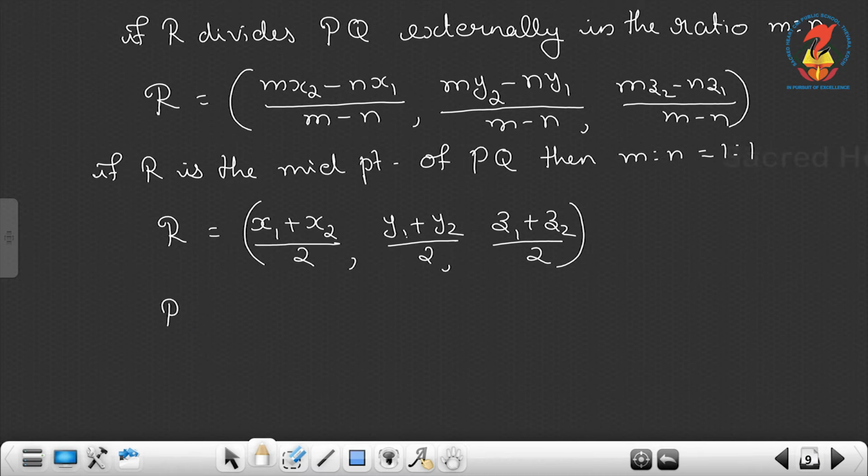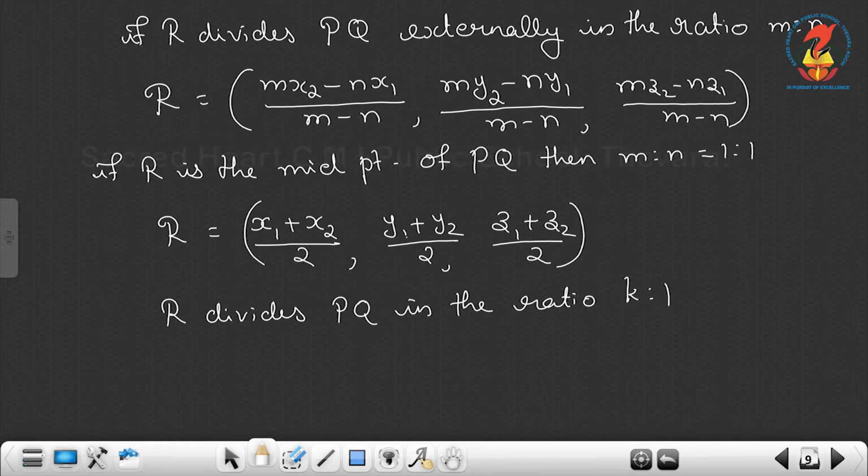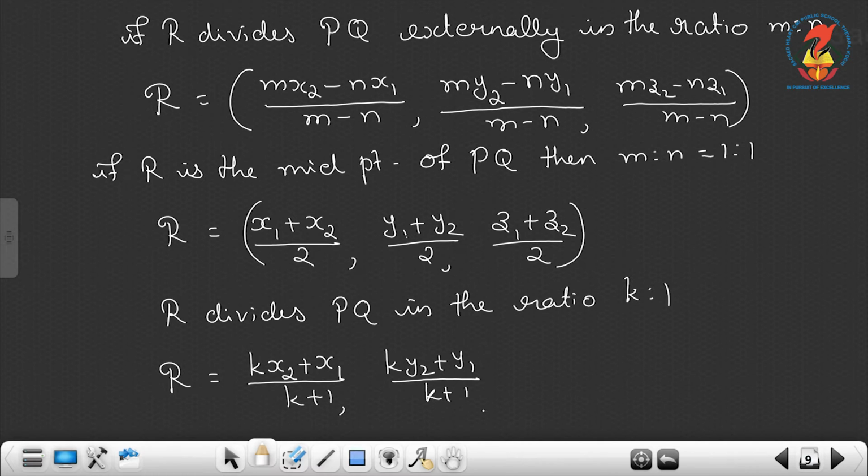That is, R divides PQ in the ratio k is to 1. It's an easy method. So if R divides PQ in the ratio k is to 1, then coordinates of R is, instead of mx2, we can write (kx2 plus x1) by (k plus 1). Then (ky2 plus y1) by (k plus 1).